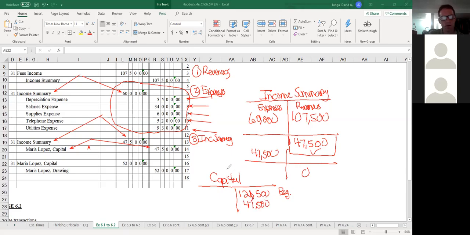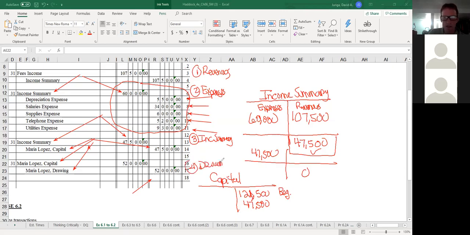All right. Now, once we've done that, the last one is simply to close out the drawing account. And again, go back to the previous page on the problem. Drawing had 52,000, and the way you close out drawing is you debit capital for that 52,000, and then of course you just credit the drawing account for the 52,000. Okay, that's the fourth entry. So once you've done that, I'll just label that number 4.